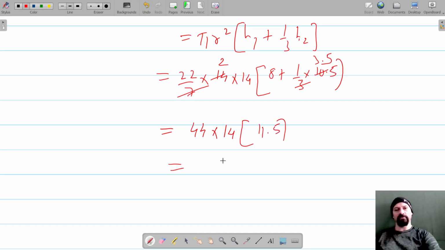So if I multiply all these, 44 into 14 into 11.5 gives me 7084 meter cube. So this is 7084 meter cube, the volume of air inside the tent.